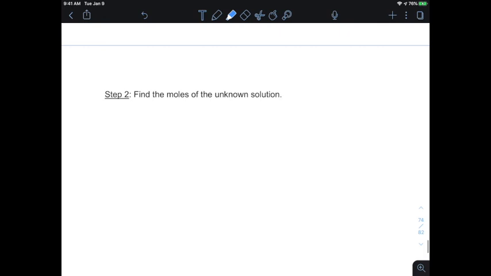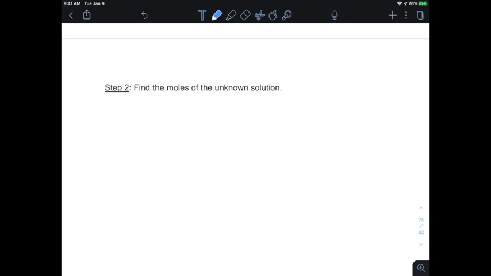Okay, so let's think about what we have. I sometimes think about it as a base side and an acid side. And I believe this is what we did in an earlier lesson. We have a concentration of our base, which we said was going to be 0.15 molar.